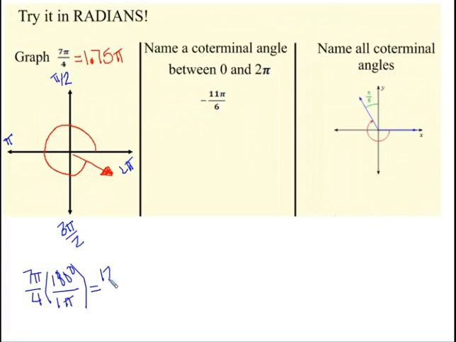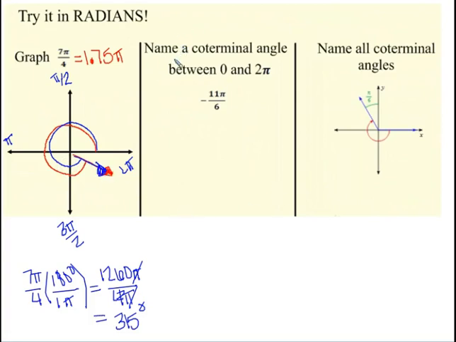Okay, we get 1,260 pi over 4 pi, and 1,260 divided by 4 is 315. The pi's cancel, so it's really 315 degrees. And notice how if we think about degrees, we got 90 degrees, we got 180, we got 270. We're not quite 360, so we're just a little bit more somewhere right there.